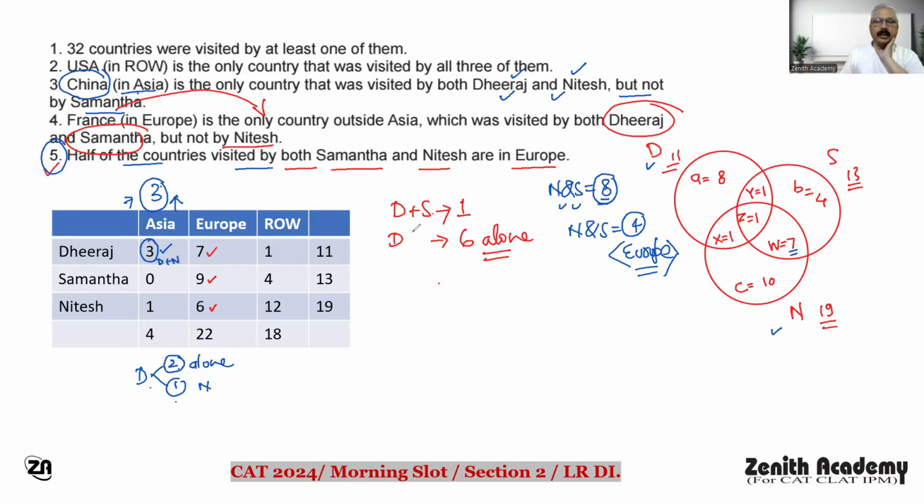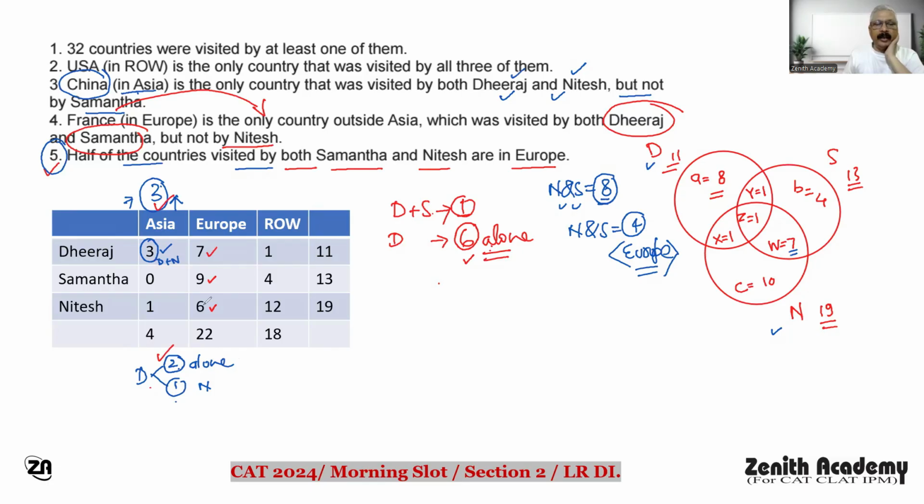So this way, the visit of Dheeraj is 1 plus 6, 7 in Europe, and 6 alone. This Venn diagram suggests Dheeraj visited 8 countries alone. So 2 countries in Asia and 6 countries in Europe. It means it is clear. 2 plus 6 is equal to 8. It is satisfying.